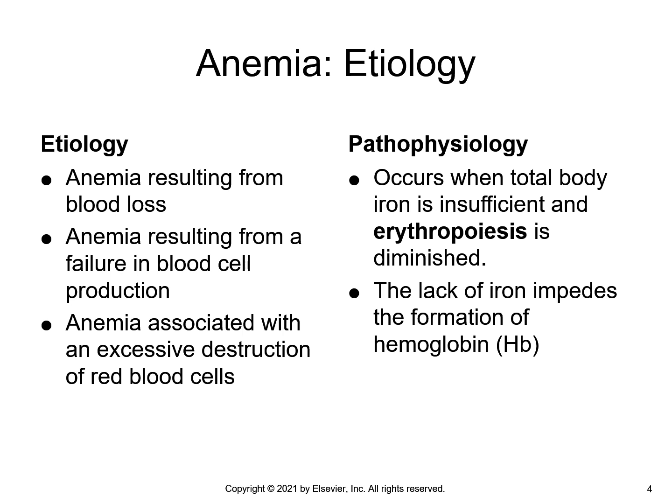Anemia is a state in which there is insufficient numbers of functioning red blood cells or a lack of hemoglobin to meet the demands for oxygen. Anemia is not a disease. It is a symptom of a disease or a pathologic process. Anemia can either be chronic or it can be acute.